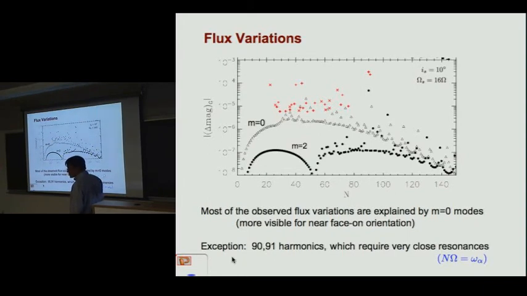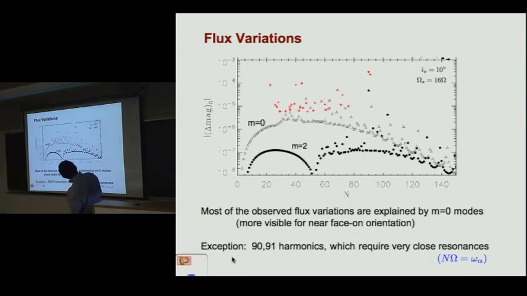The reason is that this is a face-on binary. So n equals 0 corresponds to basically the changing effective projected area of the star from where you see it, whereas for n equals 2 modes you just have a football rotating, you don't change the area, therefore it's hard to see. So that's why n equals 0. Most of this can be explained by n equals 0 modes.